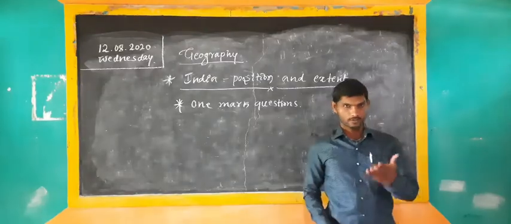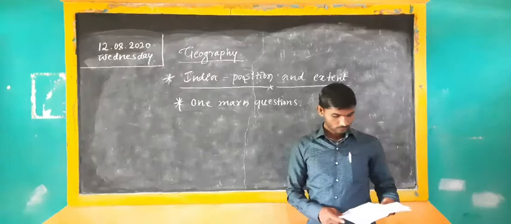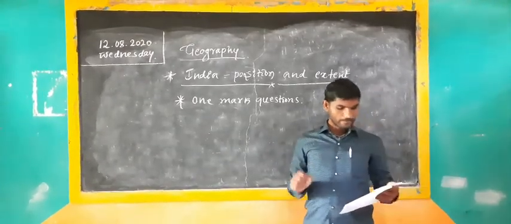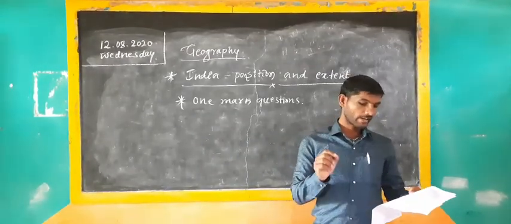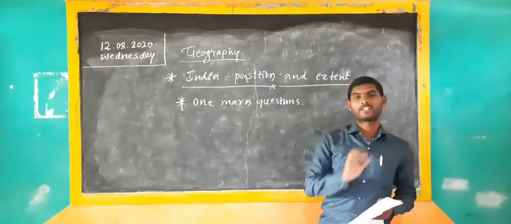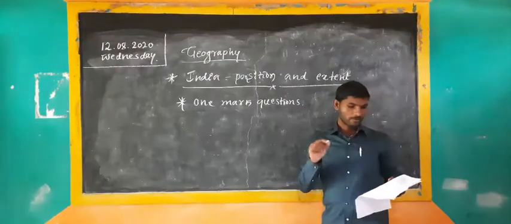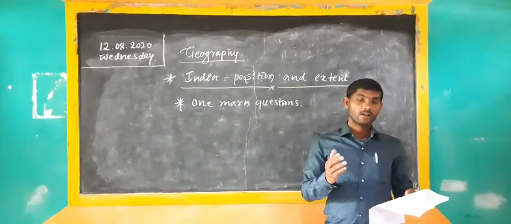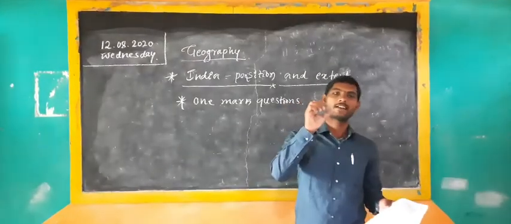1 mark questions. You have to take the very first question. Mention the India's north and east imaginary lines. The first question, once again I repeat, mention the India's north and east imaginary lines.